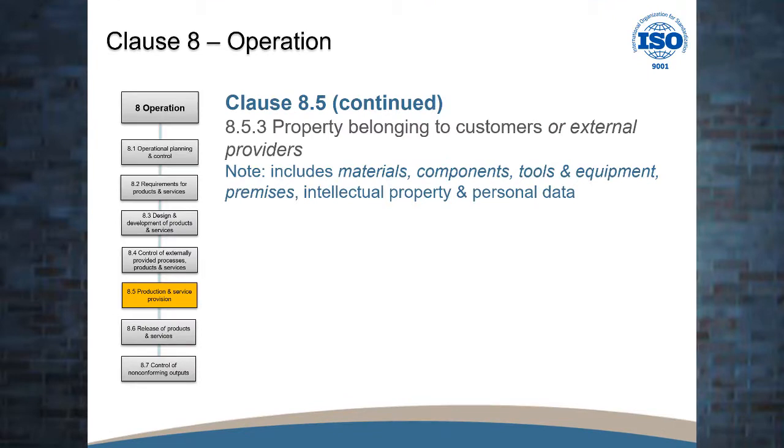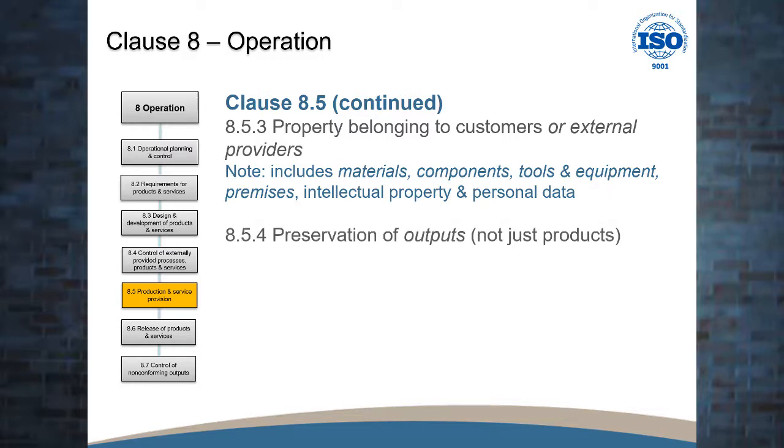Note, this includes materials, components, tools and equipment, premises, intellectual property, and personal data. So in 2008, we saw a note showing intellectual property and personal data, but materials, components, tools and equipment, and premises have been added to this note.